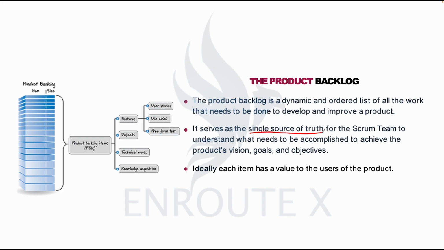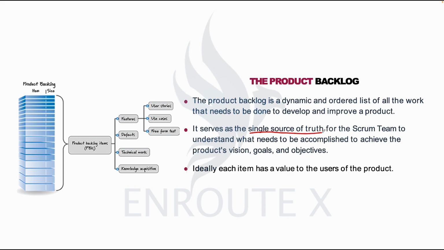So imagine that the product backlog should contain all the pieces that would make up a full image. Nothing should be missing. So that is what the product backlog should be. It should have all the stories, all the work that needs to be done.